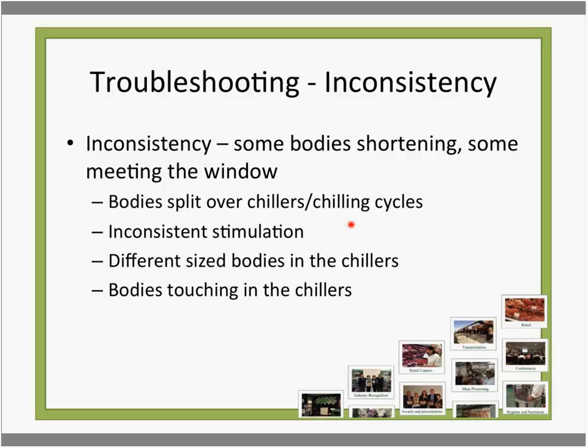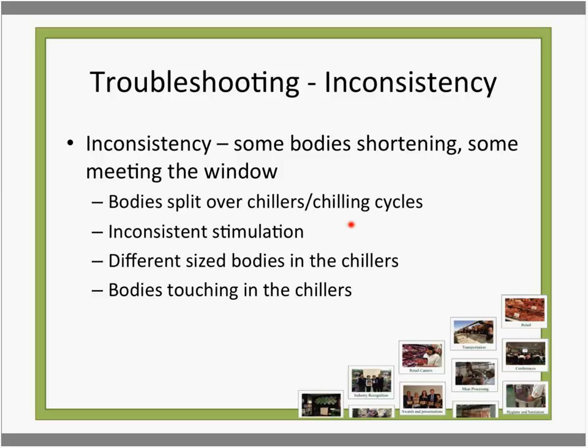You also mentioned, I think, body splitting: when you're putting them into your chillers, you're grading them out on consistency in the boning room. They could be putting some into different chillers, and then you'll potentially get a different chill, which can create variation.